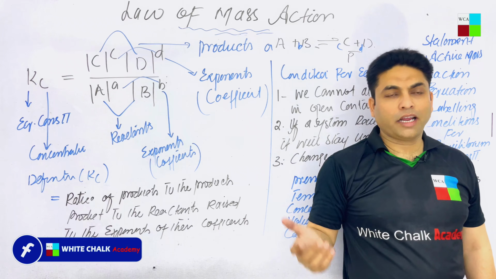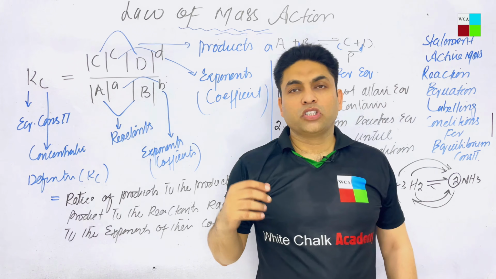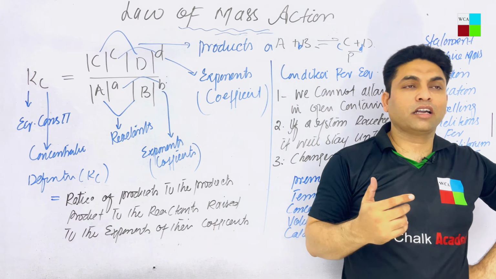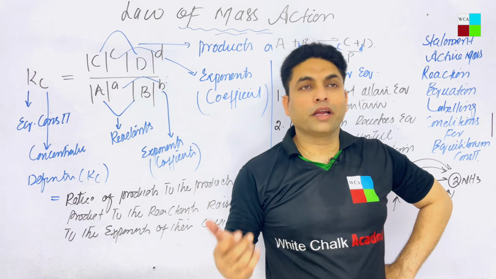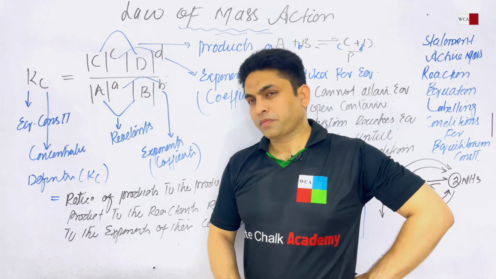So what happens if we increase the rate of the reaction? Rate is basically the change in concentration, the consumption of the reactant or the product per unit time, which is second. So if you increase the rate, it means in lesser time you will get maximum product, and from the product you will get maximum reactant. So that's why we are using the catalyst.